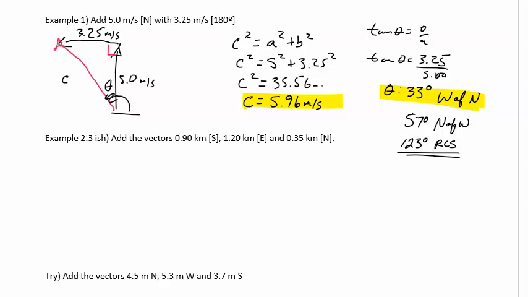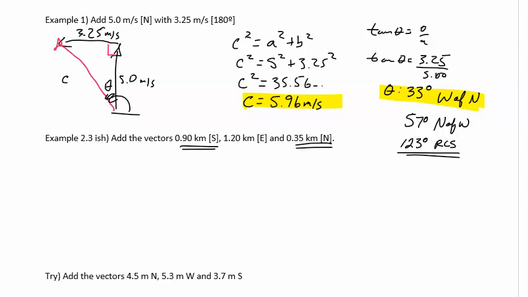Now, again, sometimes you've got vectors with multiple directions, so adding 0.9 kilometers south, 1.2 kilometers east, and 0.35 kilometers north. Well, these two are collinear.